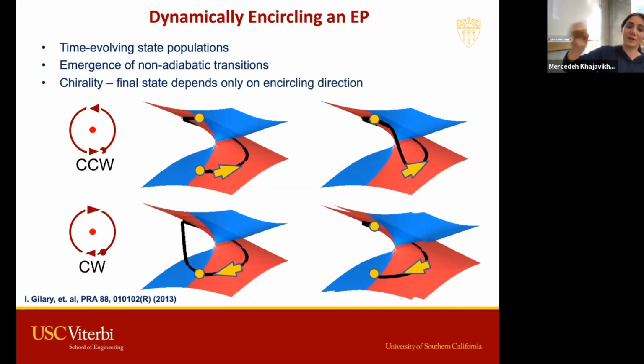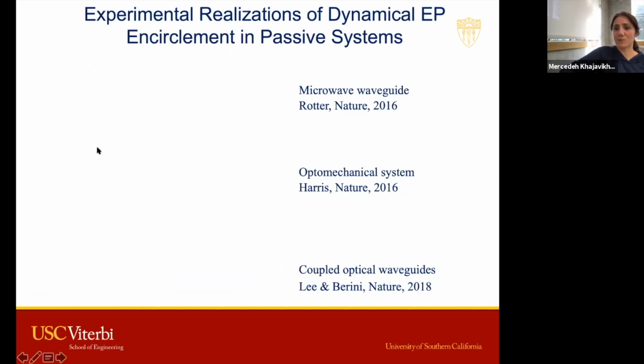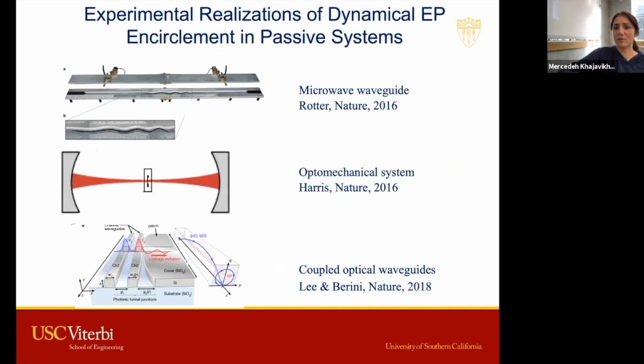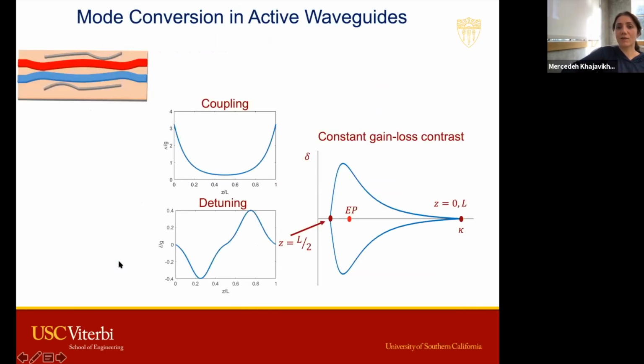If you go in the counterclockwise direction, you always end up in another eigenvector. And that's what has been demonstrated over the years, starting back in 2016, and now has even been shown in silicon systems. So what we did, we designed this type of lasers where we have two coupled waveguides.